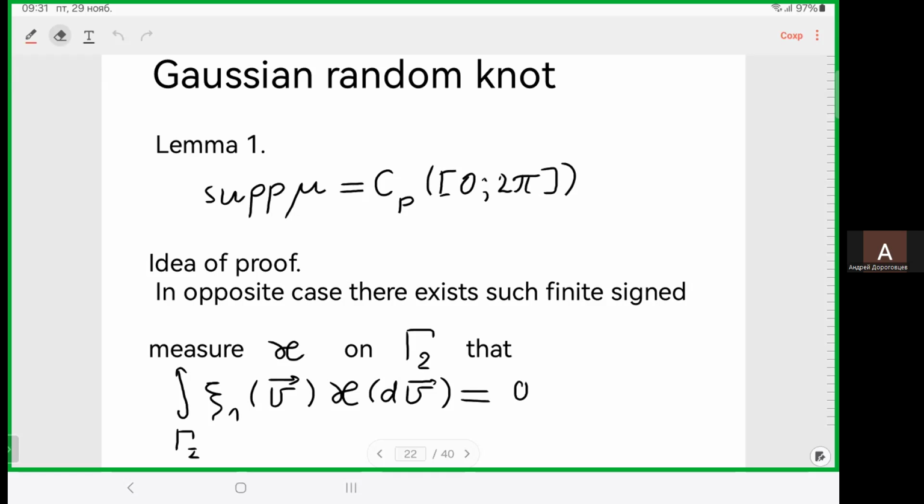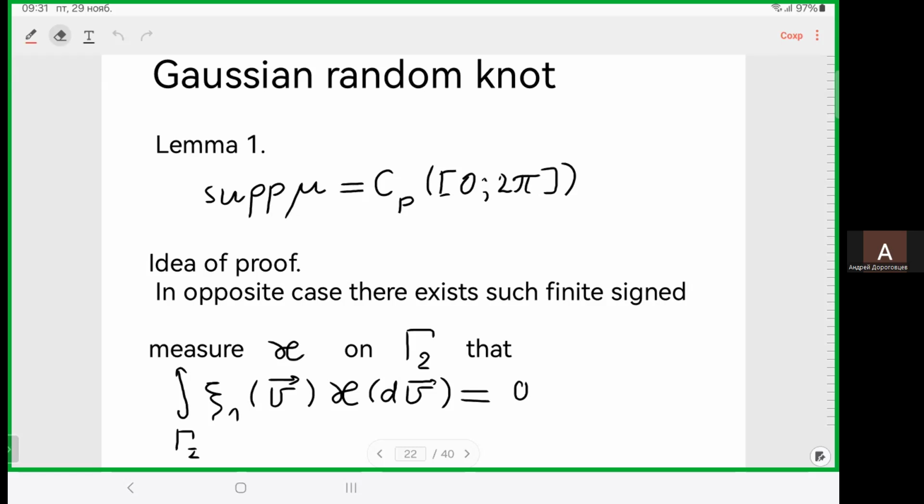And if the covariance matrix of the centered Gaussian vector is non-degenerate, then one can conclude that the support of this Gaussian distribution is the whole space.